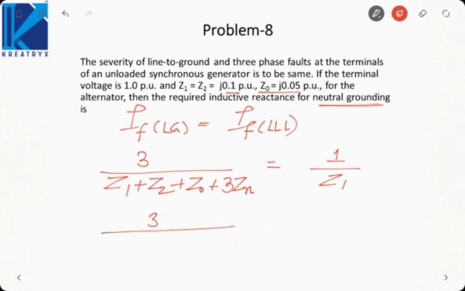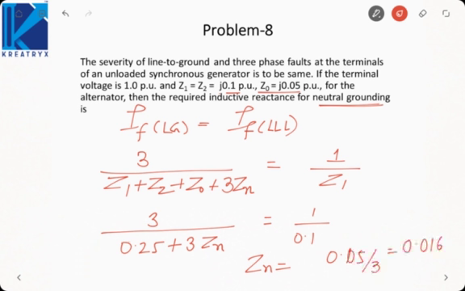So how much is this? 0.25 plus 3Zn, 1 by 0.1. So here Zn will be 0.05 by 3, that is 0.0166 pu.